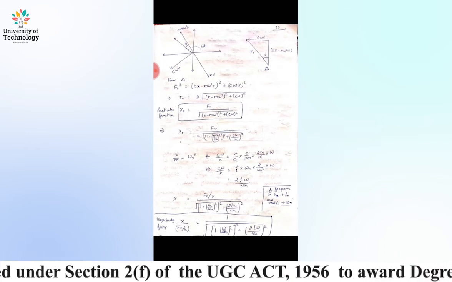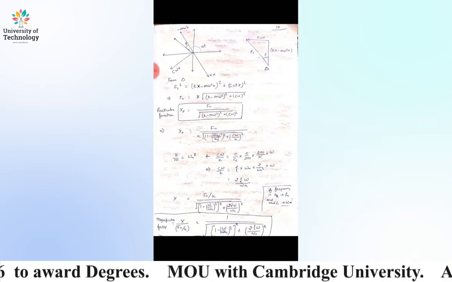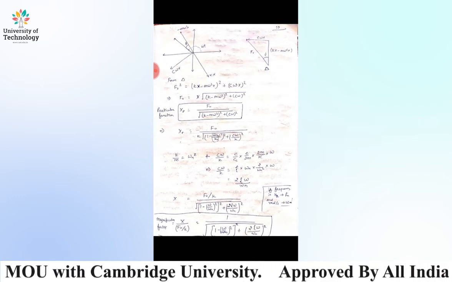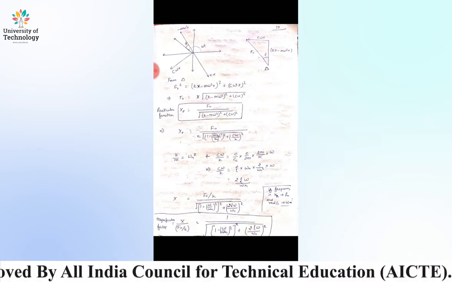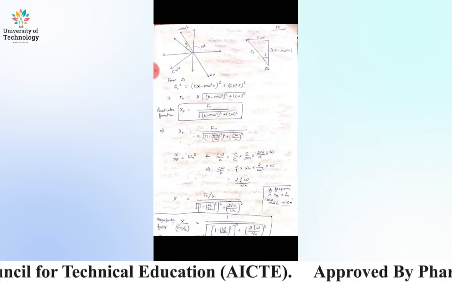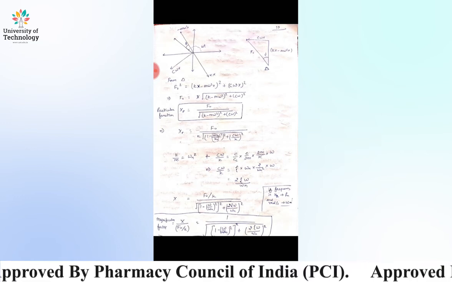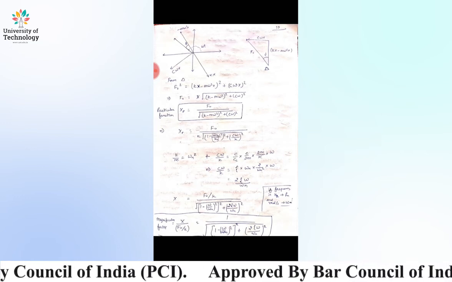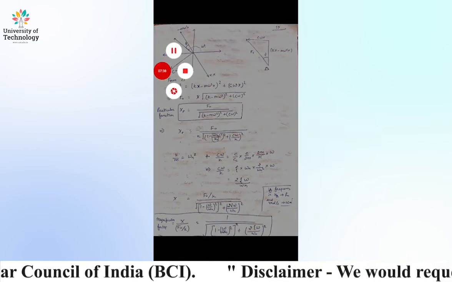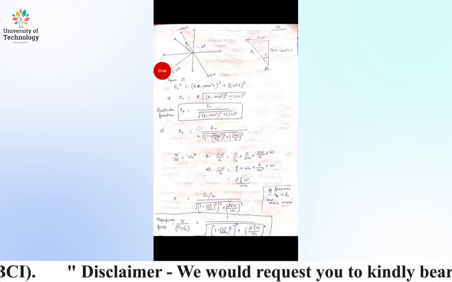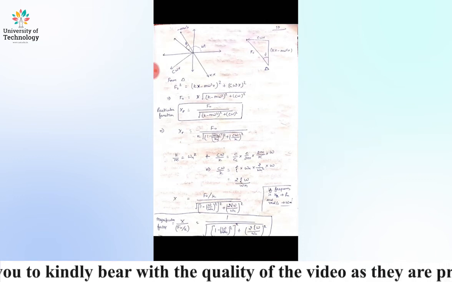If we take common in the denominator term, xp is equal to F naught. If we take k outside, then in the root, 1 minus m omega square by k whole square plus c omega by k whole square. We know that k by m is equal to omega n square and c omega by k is equal to 2 zeta omega by omega n.